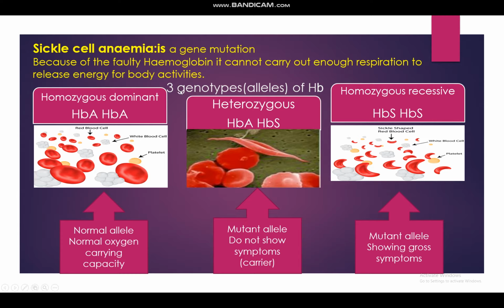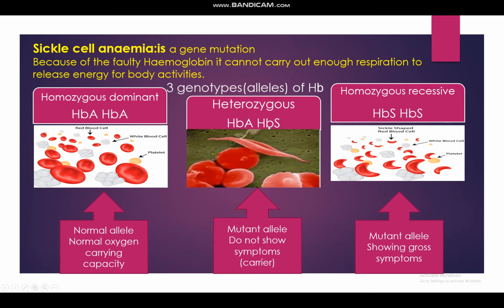Now here we are talking about different hemoglobin genotypes, that is, normal hemoglobin and abnormal hemoglobin. The genotype of normal hemoglobin is HbA, which is homozygous dominant, and in this case it is a normal allele, so the RBC structure is normal and it carries oxygen normally to the tissues.